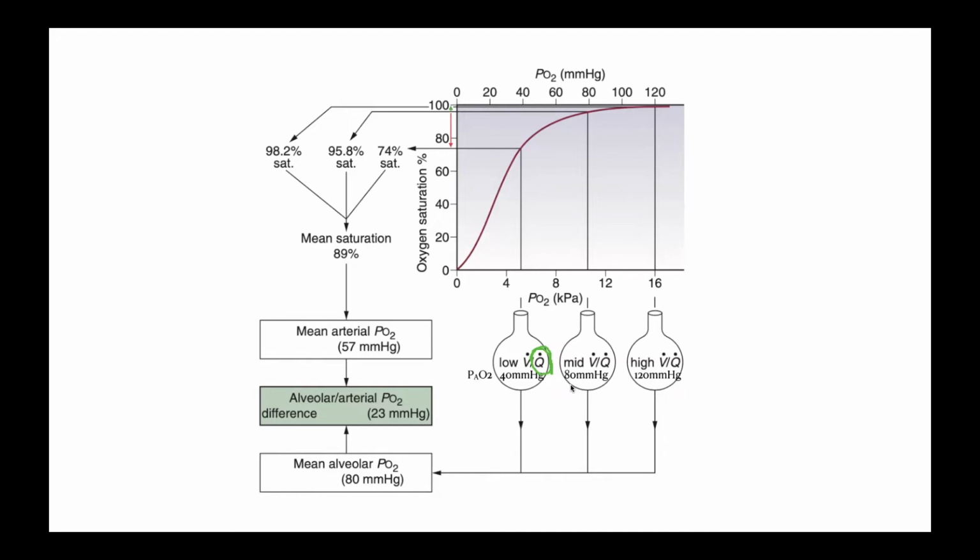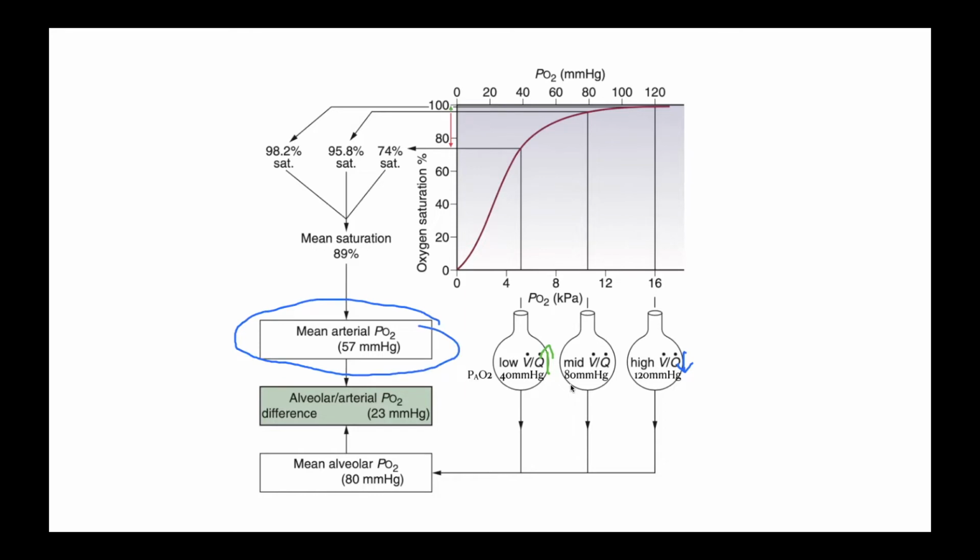All right, so what I'll do is I'll say that Q here is high, whereas for the high VQ units, perfusion here is low. So what that means is that when you sum it all together, because the low VQ units have more perfusion, they are going to be contributing a lot more in terms of their effect to the total arterial PO2. All right.